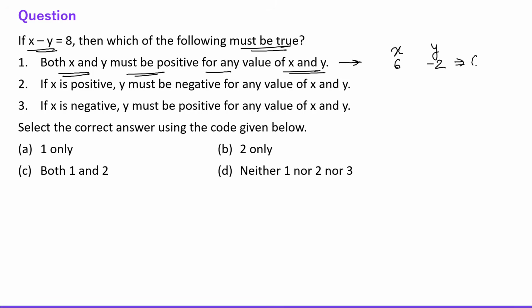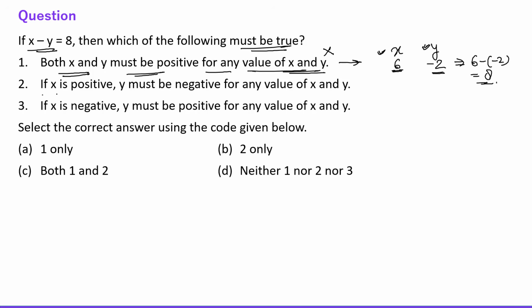So this implies x minus y is equal to 8. So here x is positive and y is negative. The question is saying both x and y must be positive for any values of x and y. This is not correct. We are choosing x as plus 6 but y as negative 2, and it is giving x minus y equal to 8. So the first option is not correct.